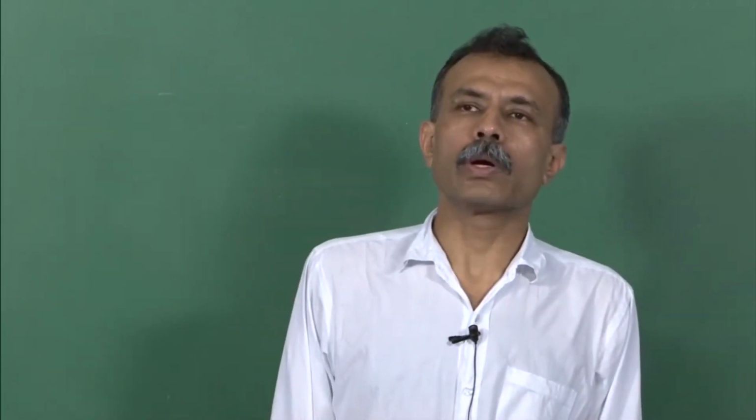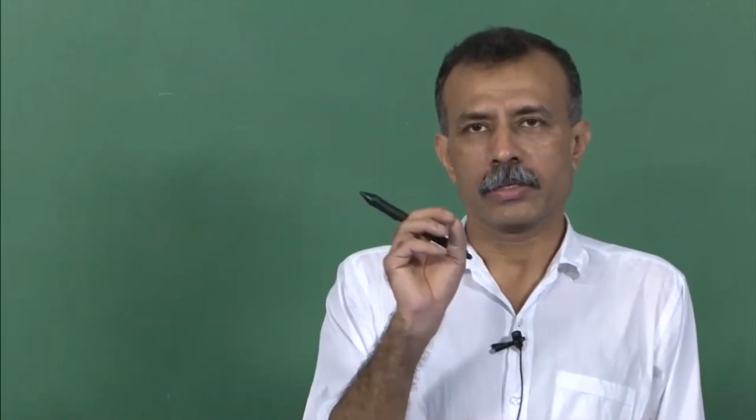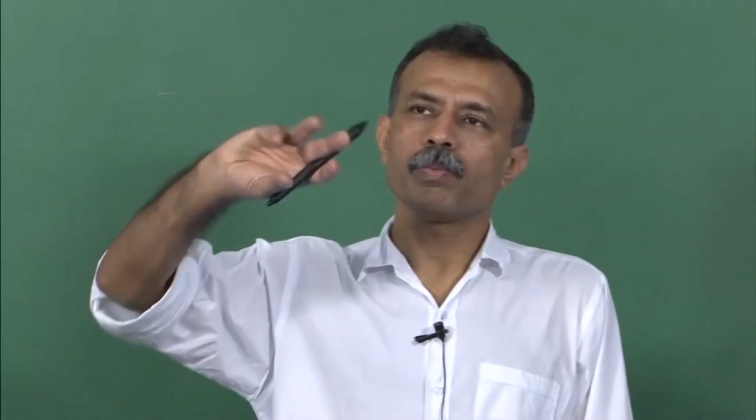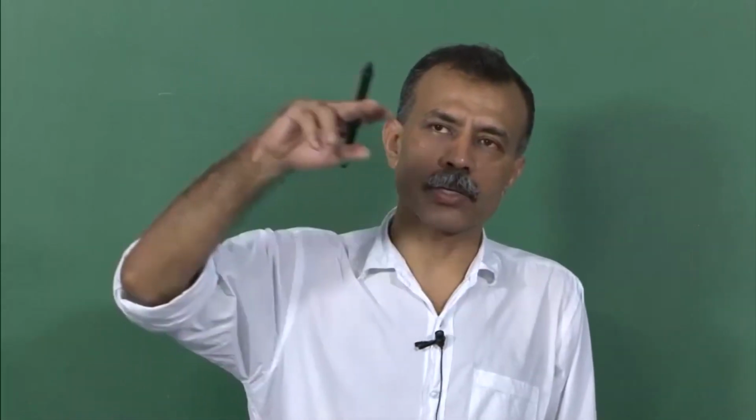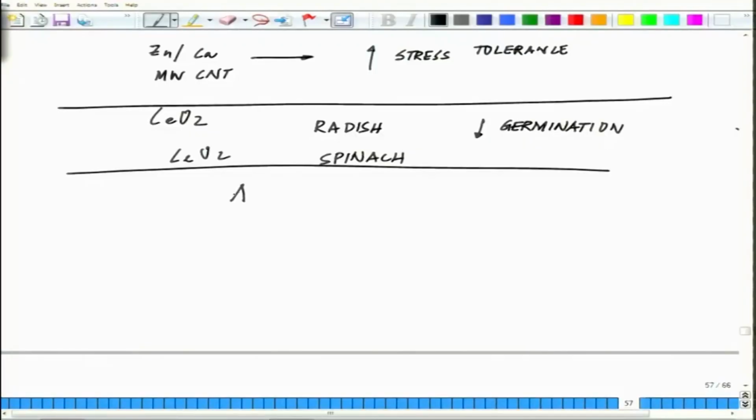Now, what does cerium oxide do? Why does cerium oxide retard germination? If you think of it, cerium oxide in nature is an antioxidant molecule. It is a 3-atom antioxidant which swaps in its oxidation state from Ce3+ to Ce4+, Ce4+ to Ce3+, an autocatalytic antioxidant.